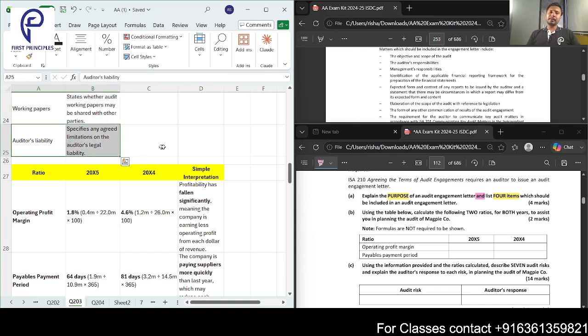And finally, auditor's liability. It specifies any agreed limitation on the auditor's legal liability.